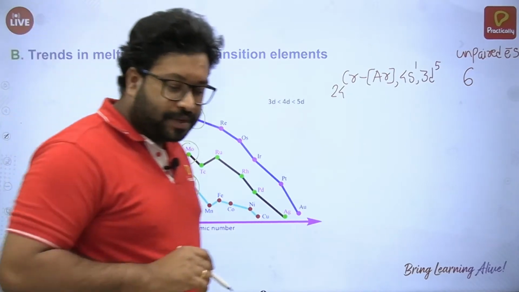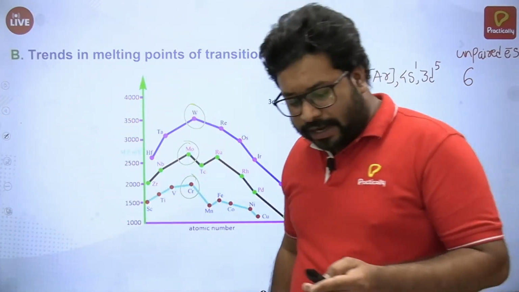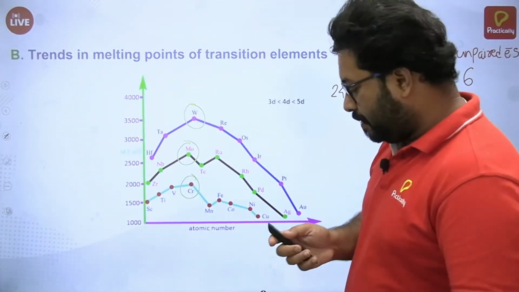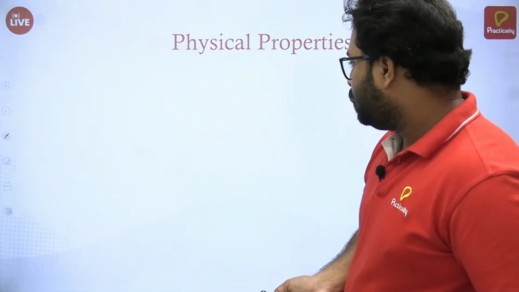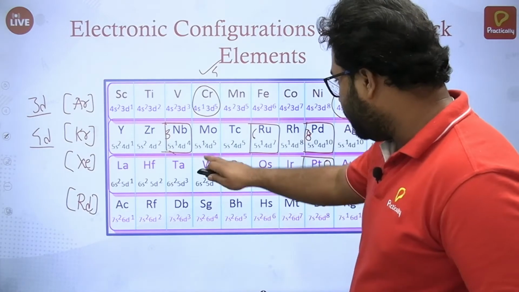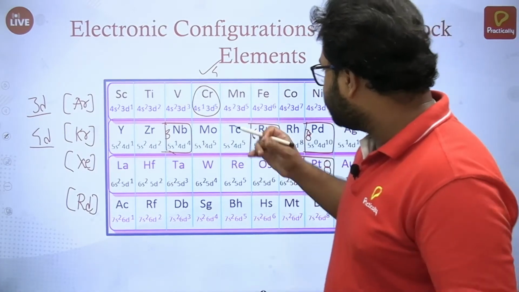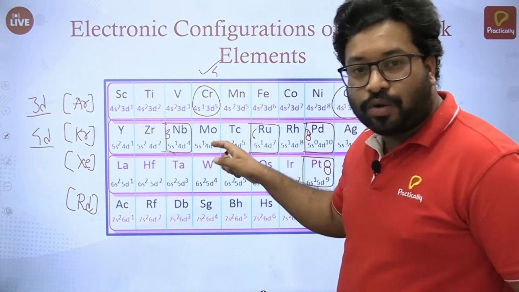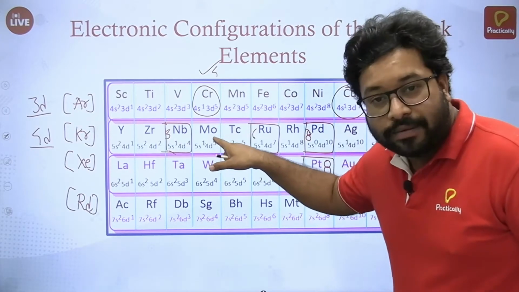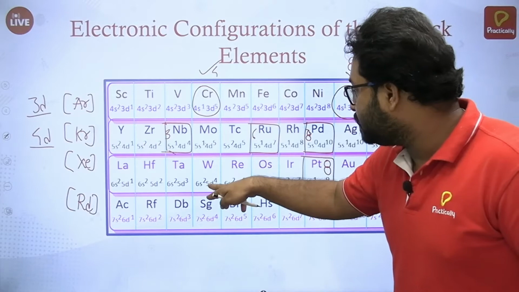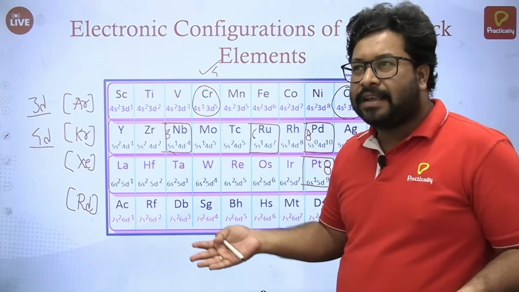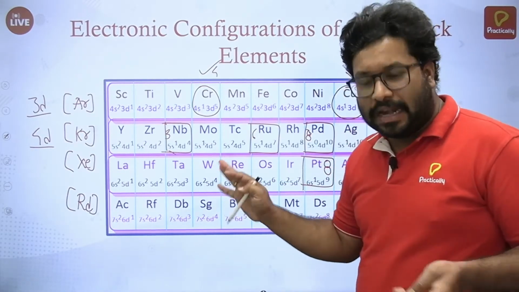What do you observe from this? What was the electronic configuration of molybdenum? Let me show you. Just look at this, molybdenum. It also has 6 unpaired electrons. Chromium has 6 unpaired electrons, molybdenum also has 6 unpaired electrons. Then you have tungsten. Tungsten has not exactly 5, but it has 3 unpaired electrons like that.